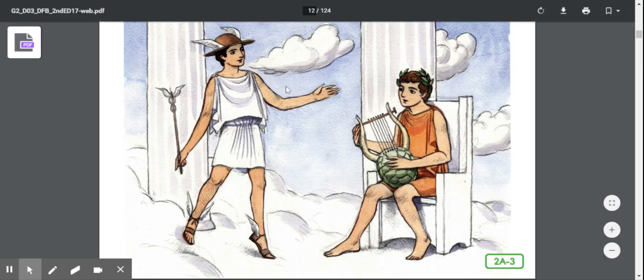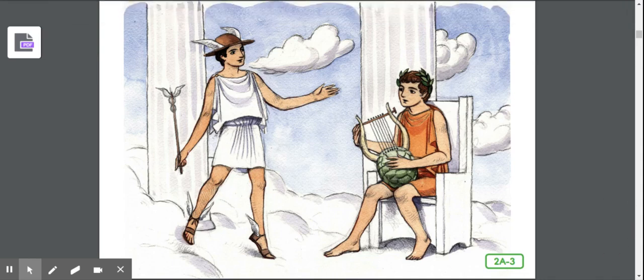Hermes, that's him right here, messenger of the gods and son of Zeus, appeared in an instant at the side of his brother Apollo. Hermes was wearing his famous winged sandals and winged hat, and he carried a small wooden stick or baton with wings on either side.